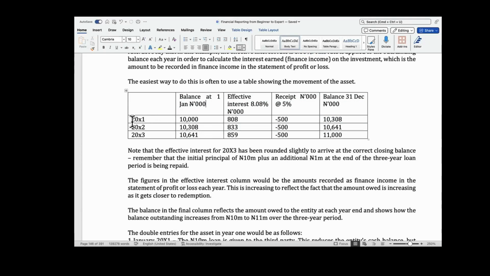So let's say in year one, 2001, we invested 10 million. I call it balance at the beginning or balance brought forward, 10 million. The effective interest rate, which is now our income, 8.08%, you apply that on the opening balance. That gives you 808.